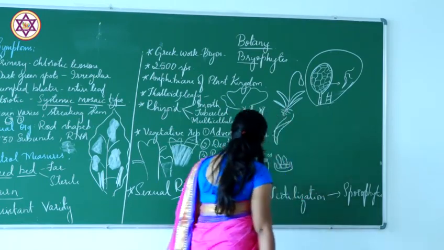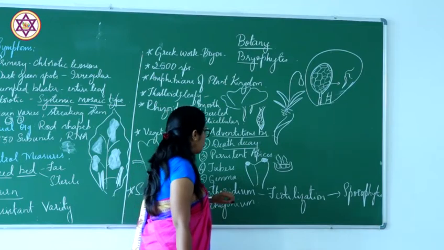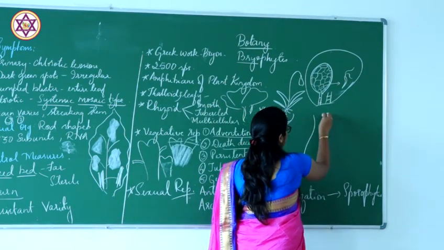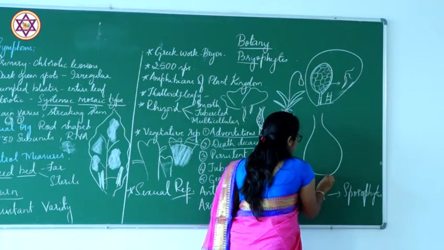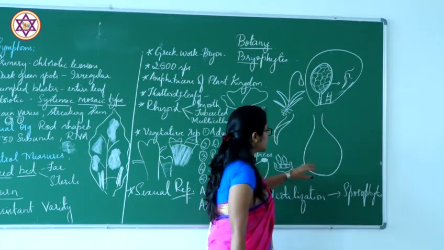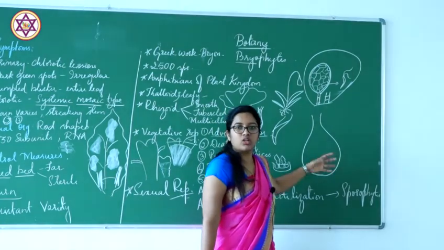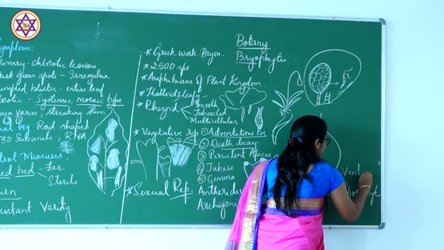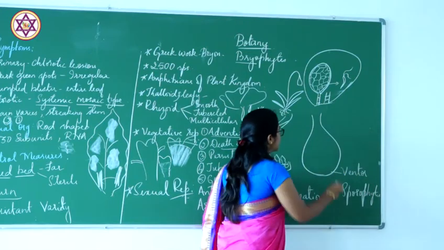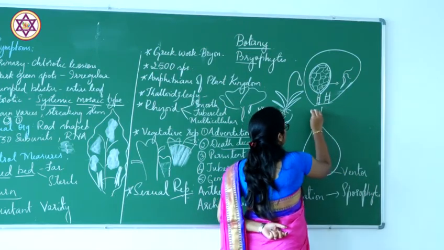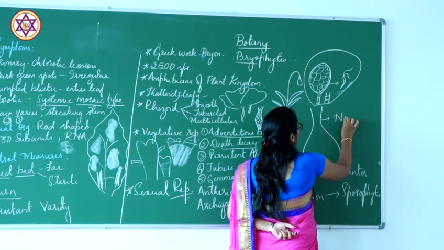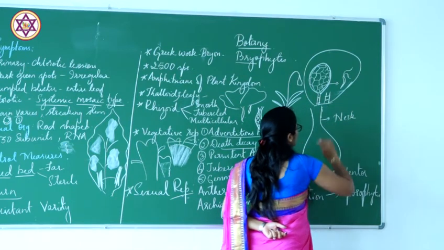Next, moving into archegonium, you can see that they are flask shaped, consisting of a swollen lower part, which is called the venter, and a narrow region called the neck.